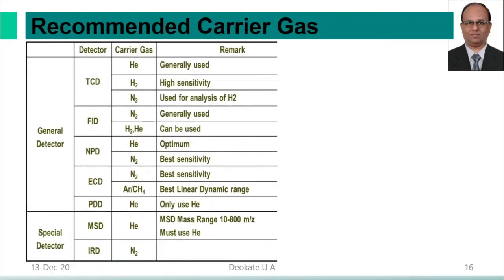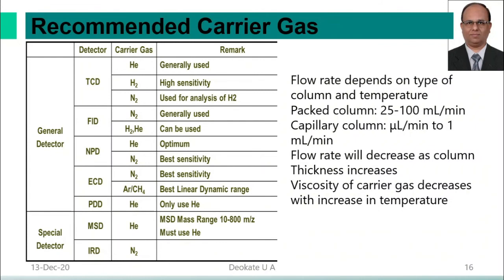So various recommended carrier gases used in gas chromatography are shown in this table. You see these general detectors. The type of detector will decide what type of carrier gas is to be utilized. With TCD, we can use helium, hydrogen, and nitrogen. With FID, we can use nitrogen, hydrogen, and helium.